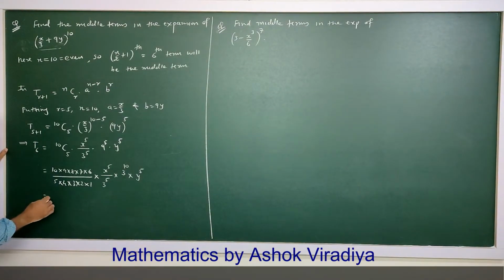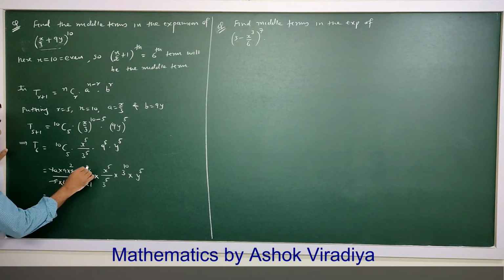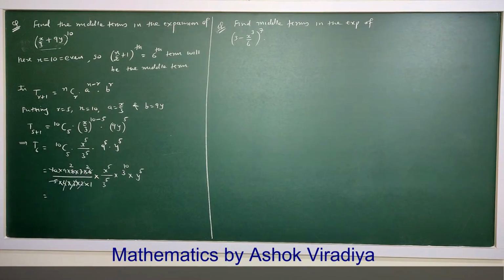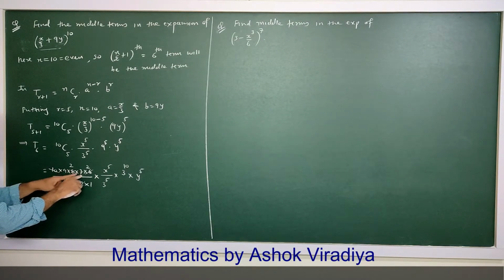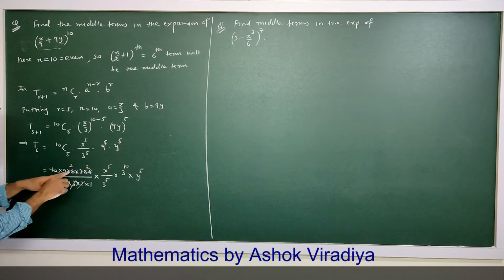So that is, see, 5 into 2, 10. 4 into 2, 8, 3 into 2, 6. So this is 9 into 2, 18, 18 into 7, 126, 126 into 2.